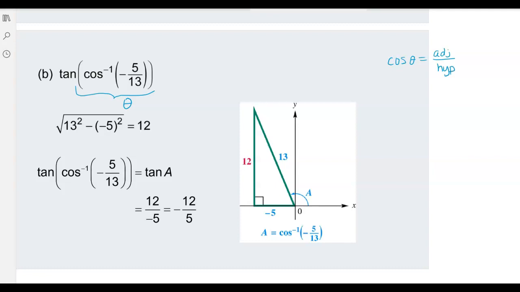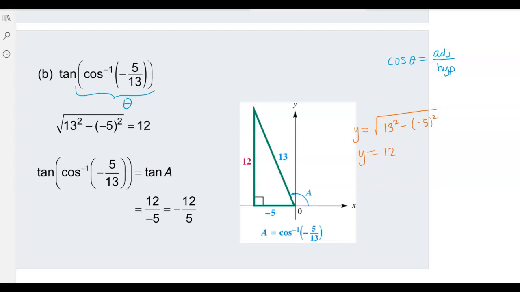So we put the -5 next to the angle, and then we put the hypotenuse as 13. Using the Pythagorean theorem, we can find the other side. So y is going to be the square root of 13 squared minus -5 squared. And you'll get that y is equal to 12.